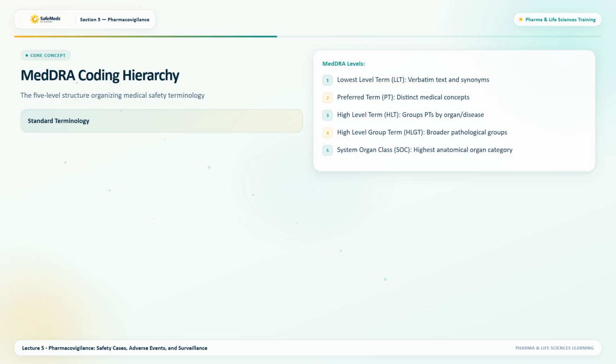For example, a verbatim report of heart attack is coded to the preferred term myocardial infarction under the system organ class cardiac disorders. This standardized coding allows safety teams to perform aggregate searches, detect safety trends, and generate safety dossiers that satisfy international regulatory requirements.